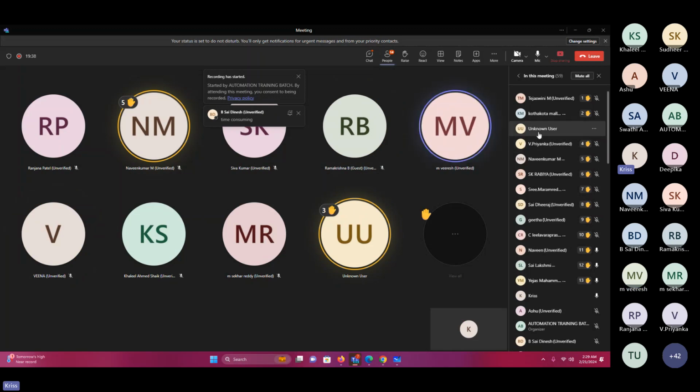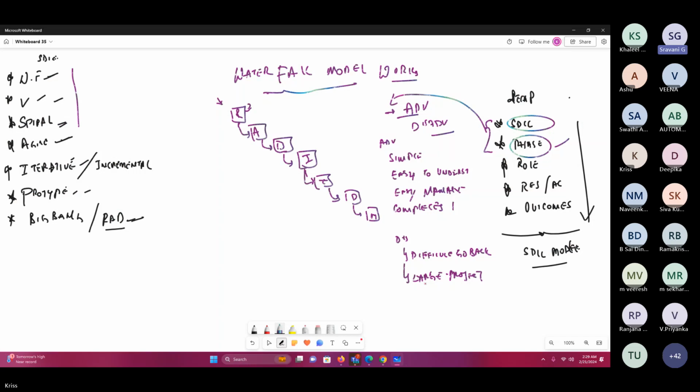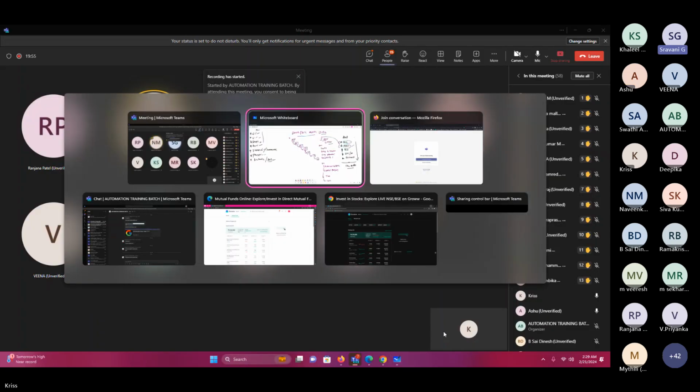Okay. Yeah, Chris, as it takes a long time to go phase by phase, it goes in a linear sequential way. So it takes a long time to complete all the stages.